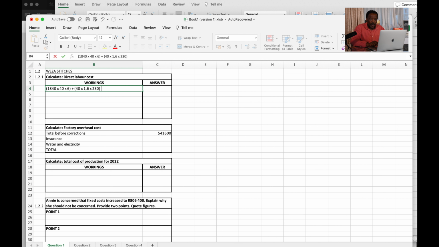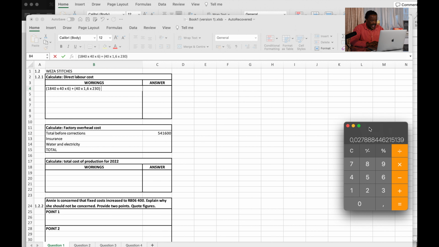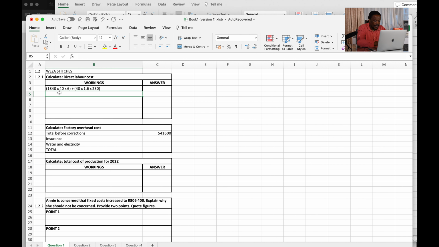Now we open up our calculator. You do this calculation as required, and it gives 1840 times 40 times the number of employees, which is 6. Don't forget that. 441 600.